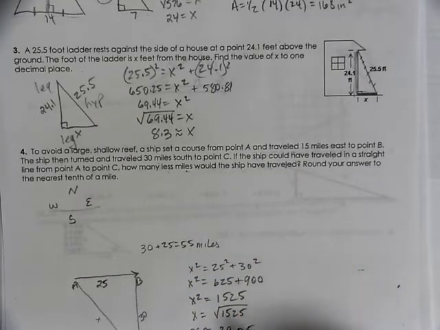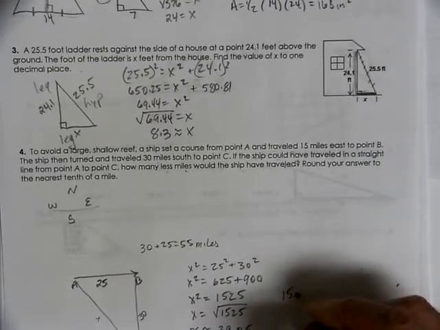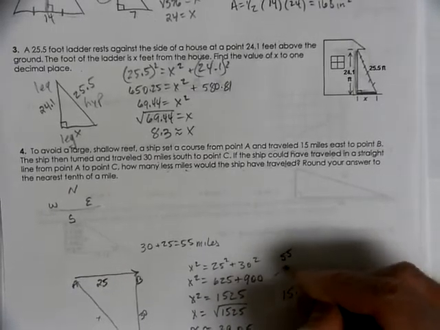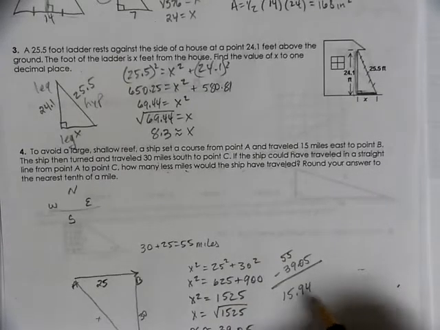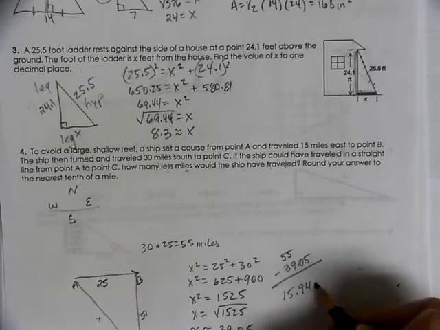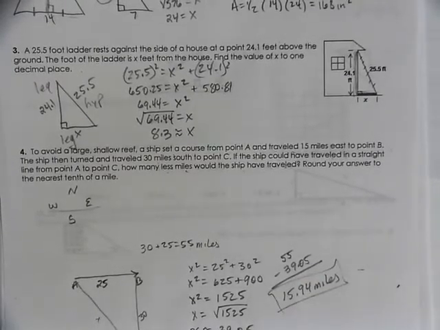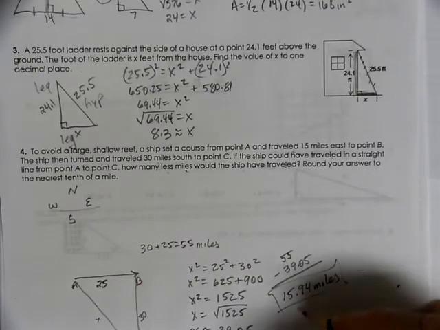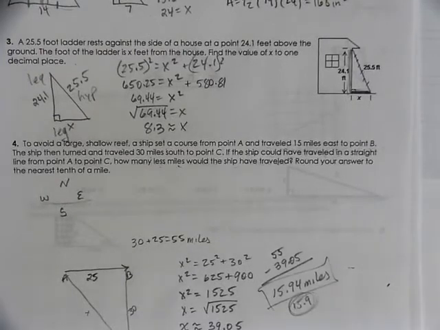So it would have traveled 15 less miles. 55 minus 39.05 gives us 15.94 miles. Round to the nearest tenth of a mile, that would be 15.9. That would be tenths.